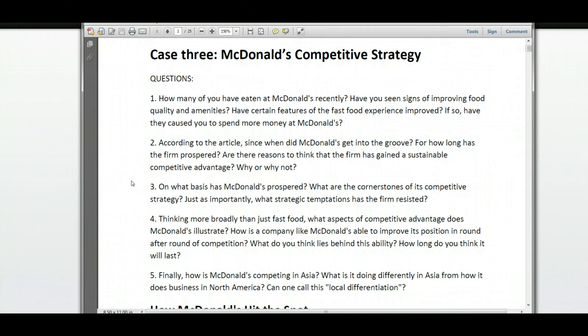So McDonald's has prospered. I mean, the cornerstone of their competitive strategy is really produce the best foods possible. That's fast, affordable, friendly, and also, one of the strategic temptations they have to resist, and this has been a problem for fast food in general, is a lot of these fast food companies, and I saw this specifically at Wendy's, they took a lot of quality out of their food to reduce the cost to be able to sell it on a dollar menu, to be able to sell it for less or have more promotions.